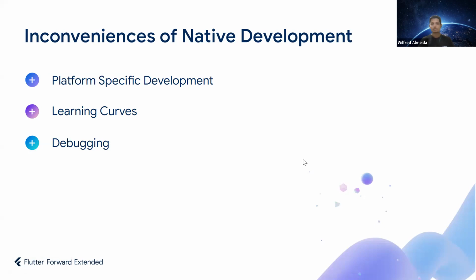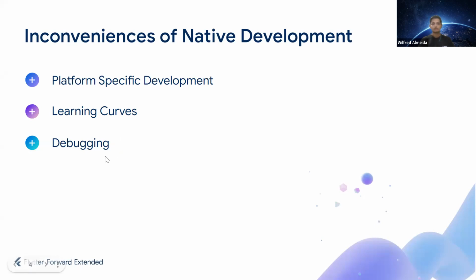If you try to develop an application on iOS using Swift, then as far as my experience is concerned, I haven't seen Swift being used on any platform other than iOS. Also, if you want to develop on Android, then you have to learn Java, Kotlin, and then for making the UI, you have to learn XML. So these are learning curves, because when a developer is learning, everyone starts at some point, and when you get multiple things thrown at you to learn, it is often overwhelming.